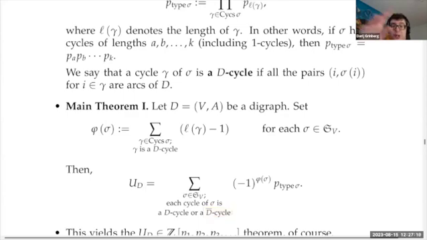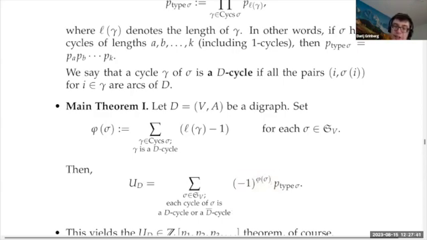So in other words, if you look at every cycle of sigma, either all its arcs are arcs of D, or all its arcs are arcs of D bar, which means that none of its arcs is an arc of D. So it's like one end or the other. If you have an arc of D and an arc of D bar on the cycle, it's not allowed. It has to be one extreme or the other.